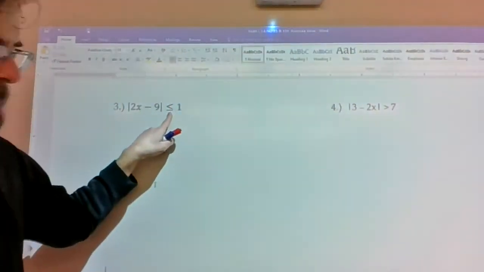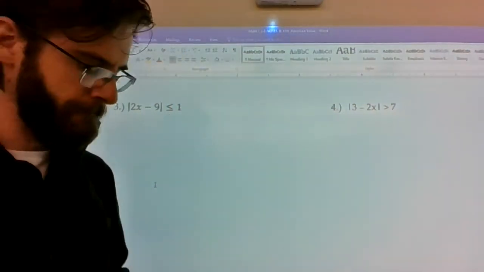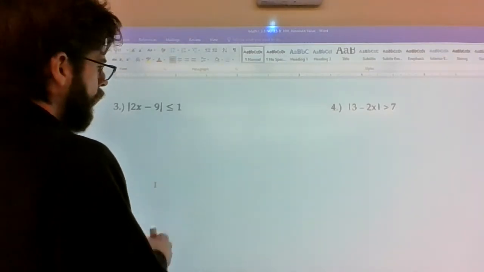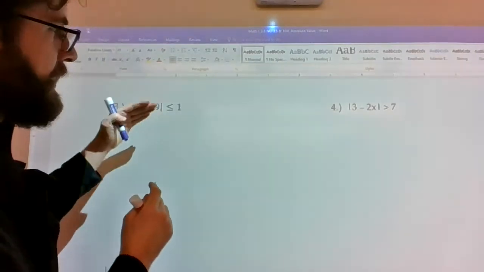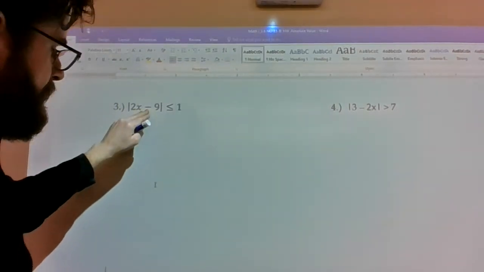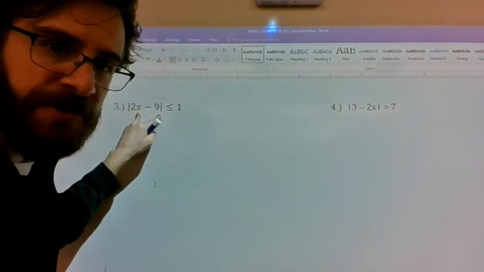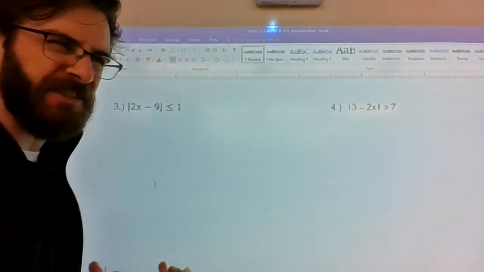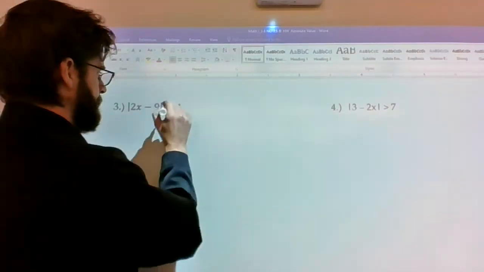So what are we supposed to make of this less than or equal to sign? Well, think about this. The stuff inside the bars represents a distance from 0. So maybe it's good to map it out like this.